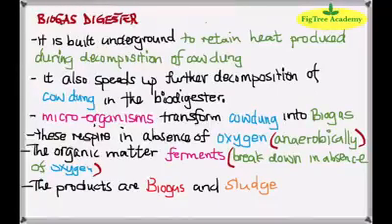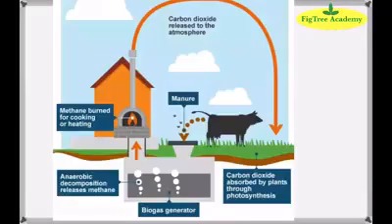I will show a simple cycle of the process. You can see in this chart that here there is a cow, and here it shows the collection of manure. The cow dung must be fresh and mixed with water in the biogas digester or biogas generator.